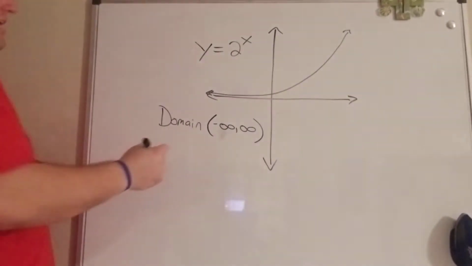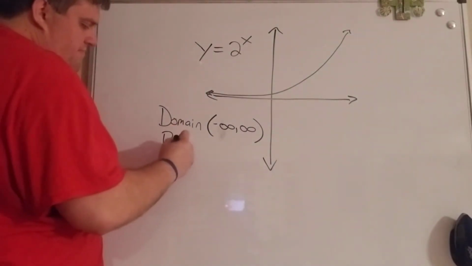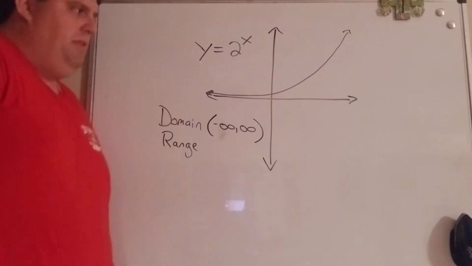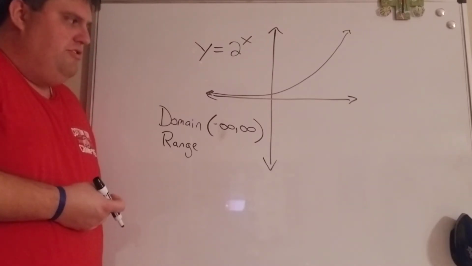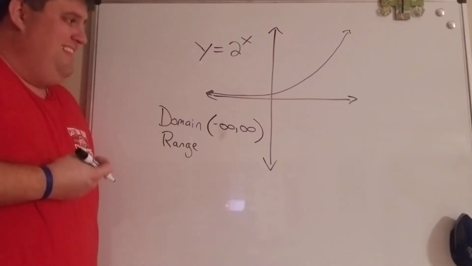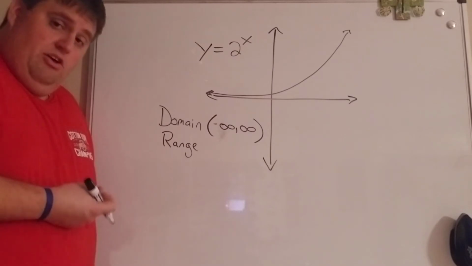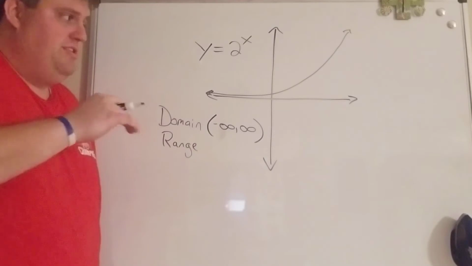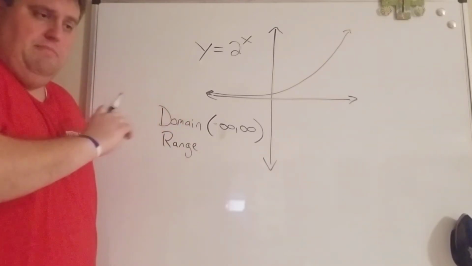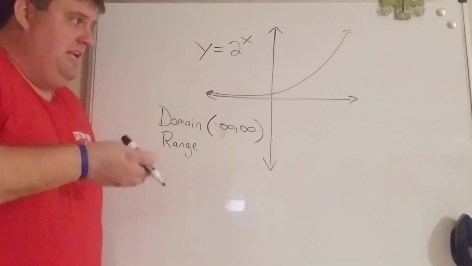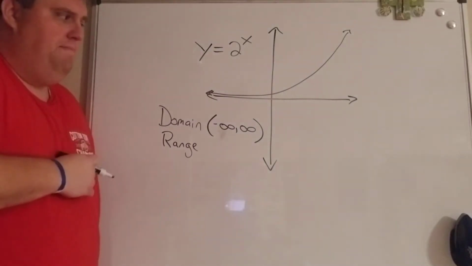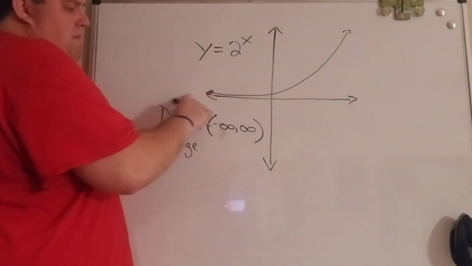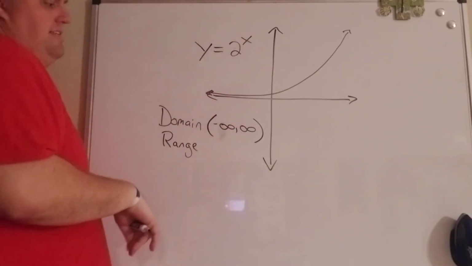Now what about the y's? Those are going to work a little bit different. This is where our horizontal asymptote is going to come into play. We said that there's no way that this graph could reach the x-axis. There's always going to be some sort of horizontal asymptote that's going to restrict our movement. So for our range, the only y values could be above the x-axis.